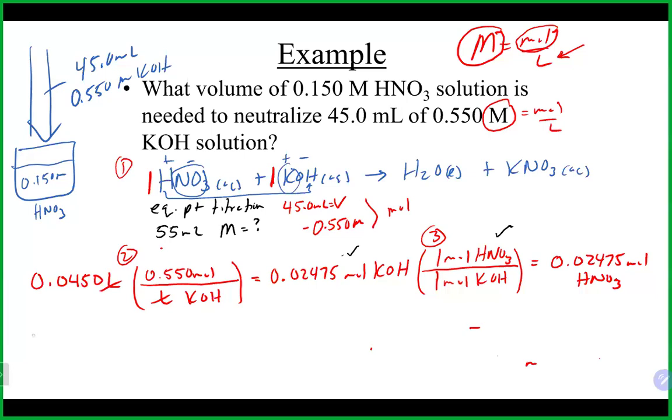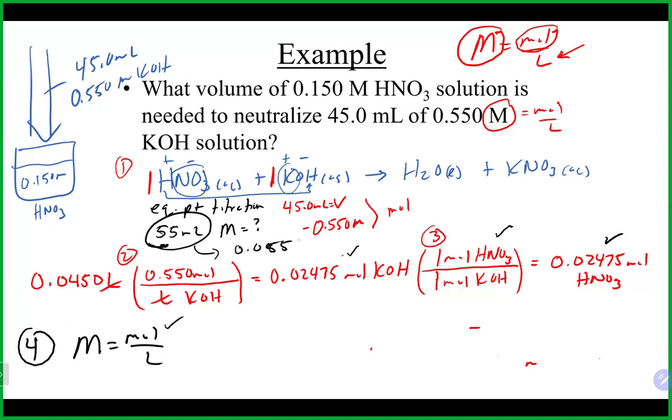Now, when we look at step number 4, and we are looking for the molarity, which is moles per liter, I have the moles of the nitric acid. I don't have the liters, right? But I can convert that into liters at this point. So I could convert that into liters, which would be 0.055 liters. And now I could actually figure out the molarity here, which is a very common titration type calculation.